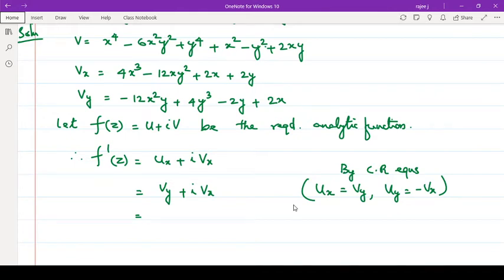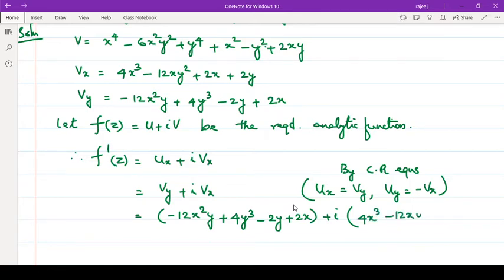So vy is minus 12x square y plus 4y cube minus 2y plus 2x. This is vy plus i into vx. Vx is 4x cube minus 12xy square plus 2x plus 2y. This is vx.